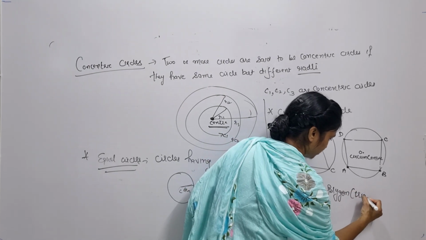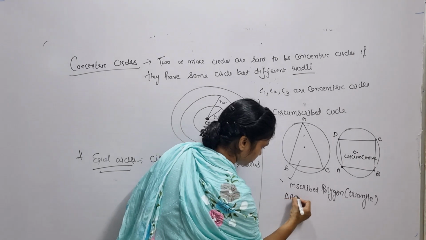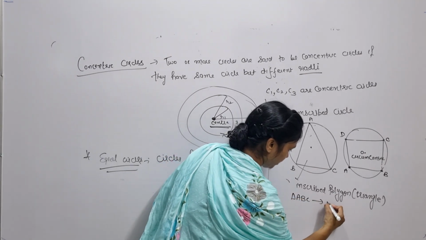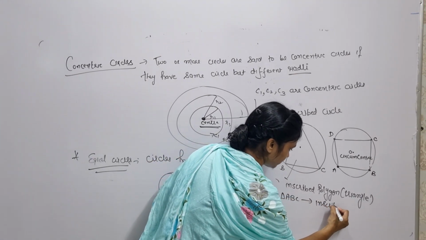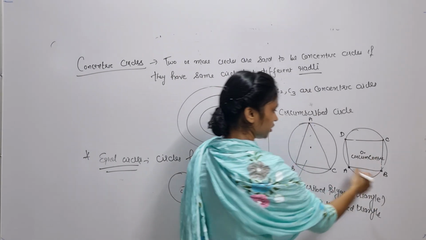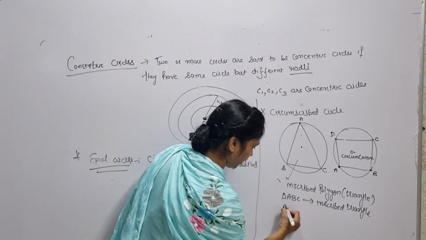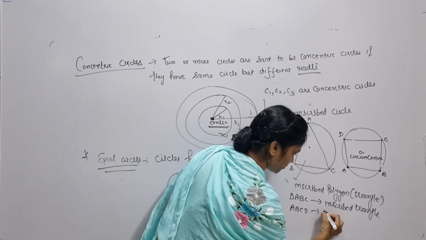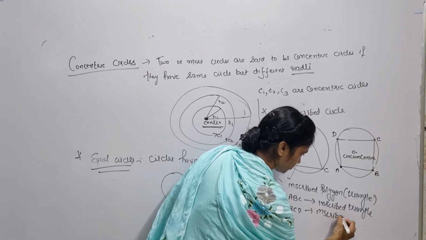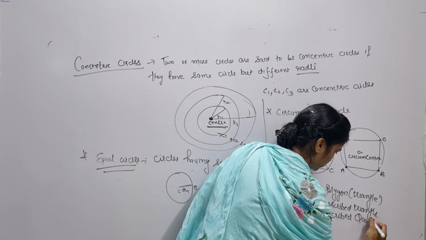This is a triangle, which means triangle ABC is said to be an inscribed triangle. Similarly, this quadrilateral ABCD is an inscribed quadrilateral.